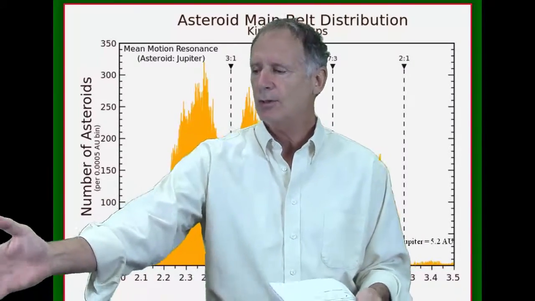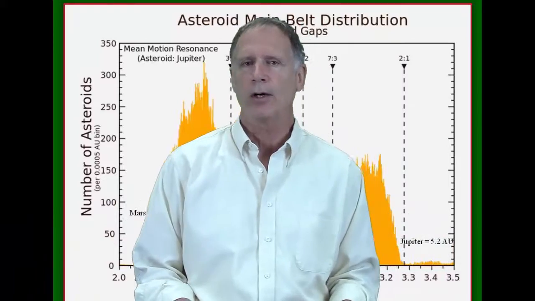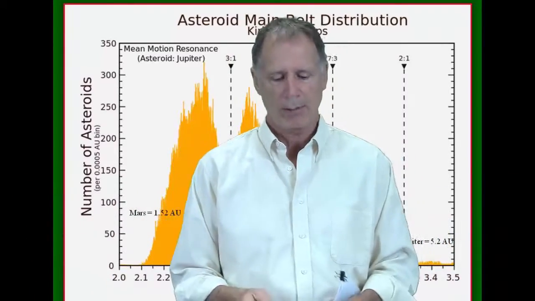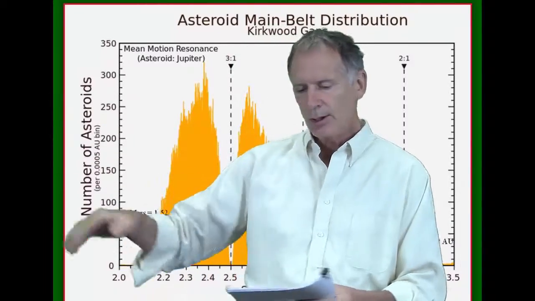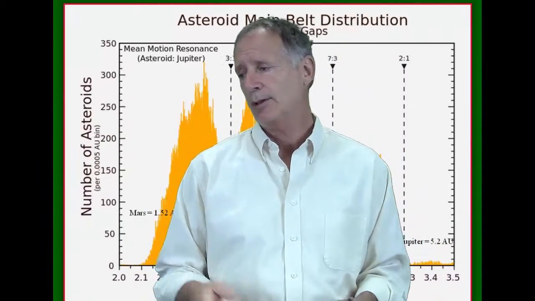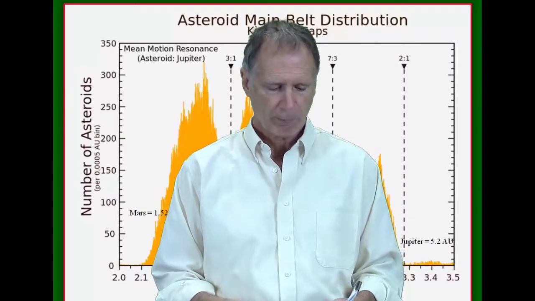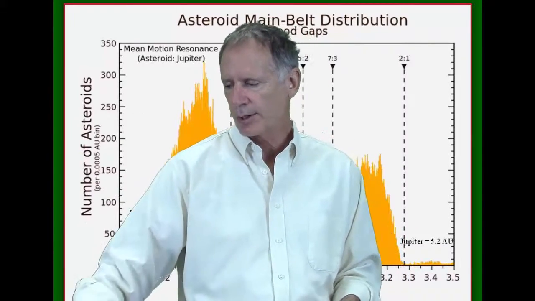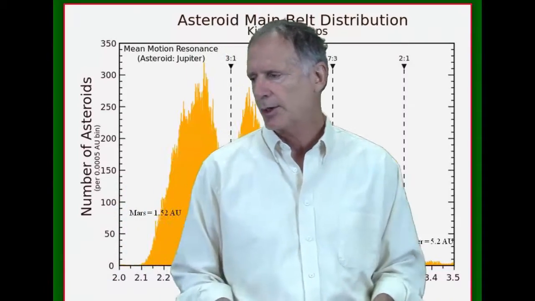And they get moved into either the areas that you see there that are dominated by asteroids, or they get thrown out of the asteroid belt, either out into space or into the inner solar system. So again, these are called Kirkwood Gaps. They're due to the resonance around the sun.